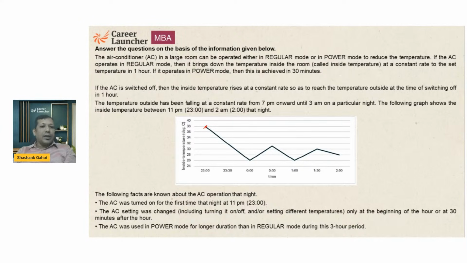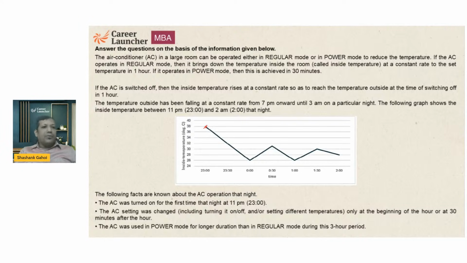I have set the temperature as 26 degrees inside the room. If I am using regular mode, 38 to 26 is going to happen in 1 hour, because in regular mode it does it in 1 hour. If I'm using power mode, it is going to do the same thing in half an hour. So power mode is just faster than the regular mode, twice as fast. That is what it is giving.